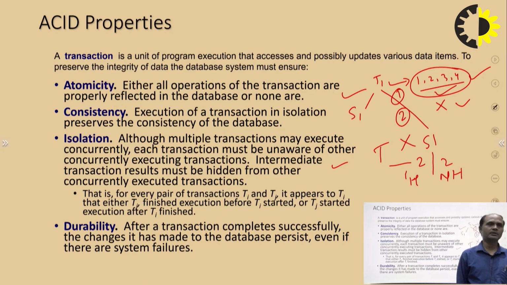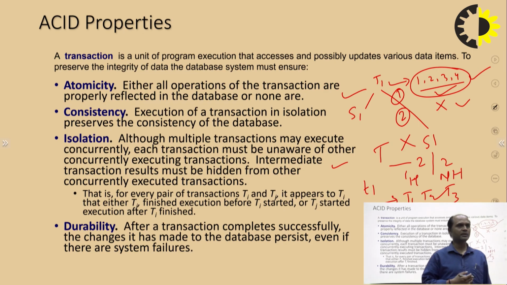What is isolation? Isolation means if we have multiple transactions executed at a particular timestamp, such as T1, T2, T3 and so on, multiple transactions can occur at a particular time.